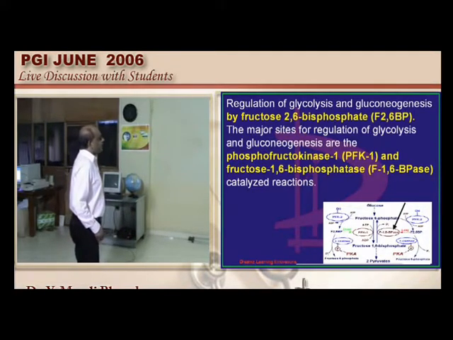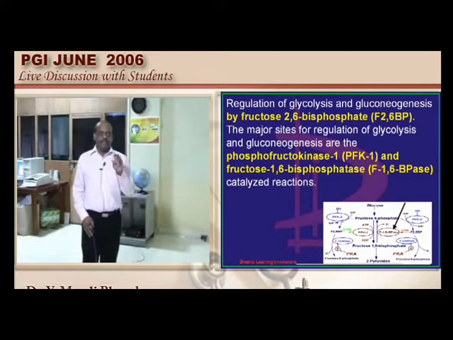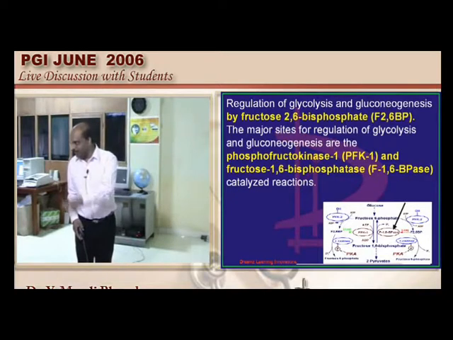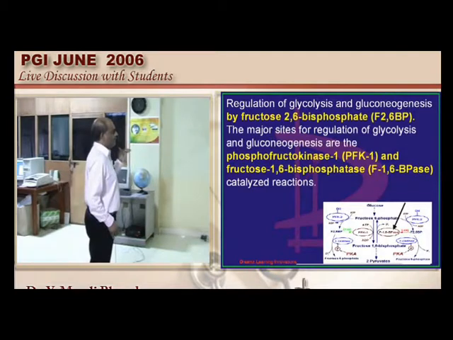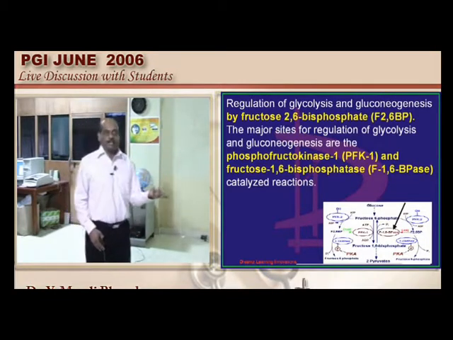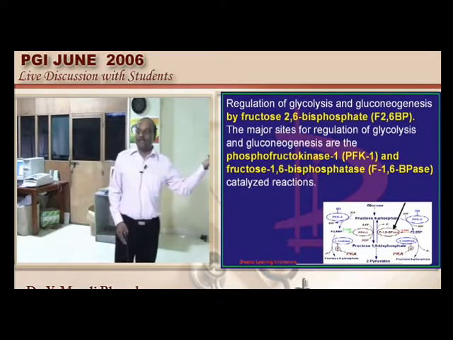You have the fructose 6 phosphate become fructose 1,6 biphosphate and for that you require phosphofructokinase 1, and phosphofructokinase 1 is the chief regulating enzyme in the case of glycolysis. Then the reverse is true, where fructose 1,6 biphosphate becomes fructose 6 phosphate.